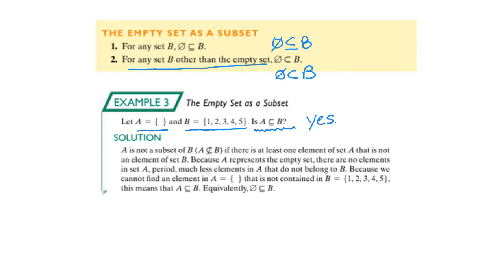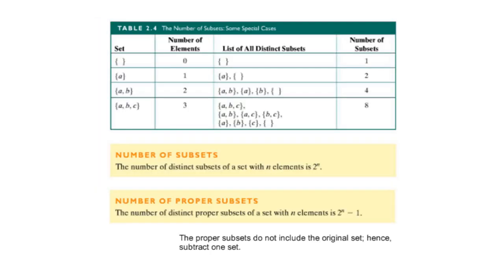It says we cannot find an element in the empty set that is not contained in B. So therefore, that means that A is a subset of B, which supports the definition of the empty set as a subset.